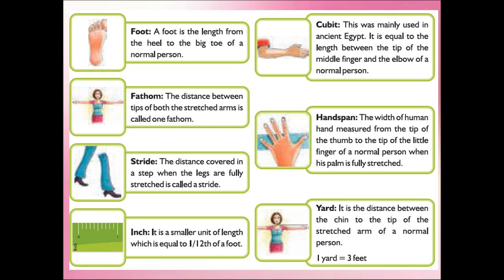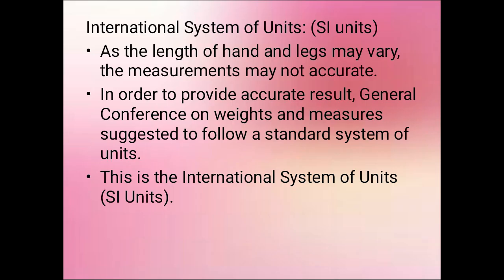In these measurements there are two types: non-standard and standard measurements. In early times, people used their body parts to measure lengths. That type of measurement is called non-standard measurements.